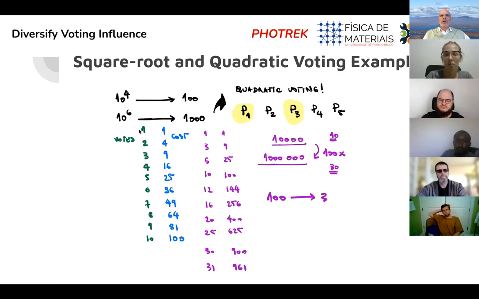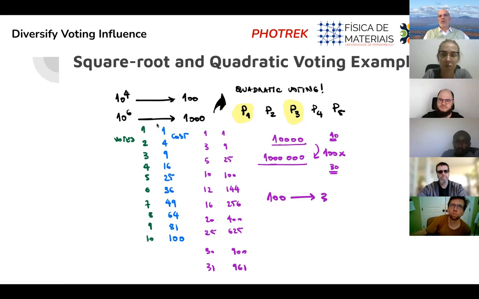The first individual can spend up to 100, either 100 across 100 different proposals, or if they want to concentrate all of their vote, they can vote 10 times on one proposal.